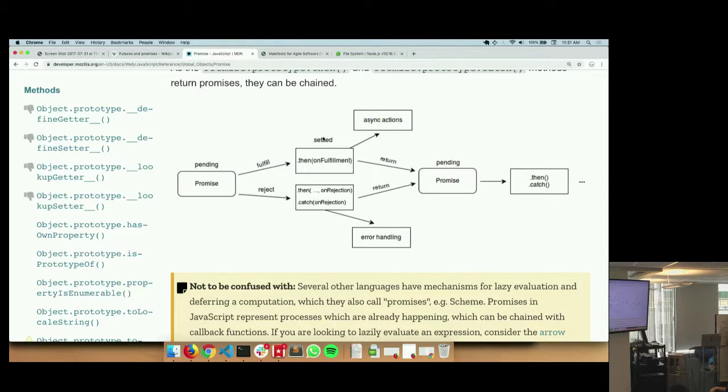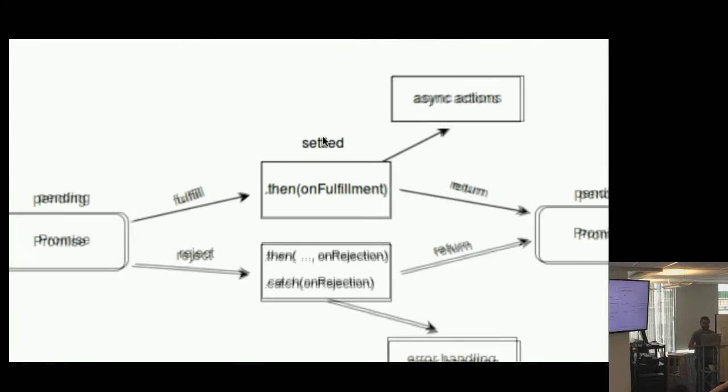So the outcome is that it's settled. And it's either settled by being fulfilled, which is successful, or resolved, same thing. Fulfilled, resolved, successful, right? Or it's settled by being rejected. So that's what they're showing here.